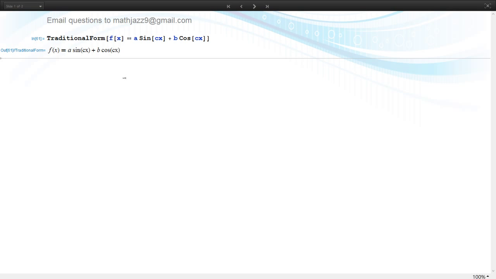So the first derivative is going to be, well, we have to use the chain rule. So we're going to get a times the derivative of sine, which is cosine, of cx, times the derivative of cx, which is c.